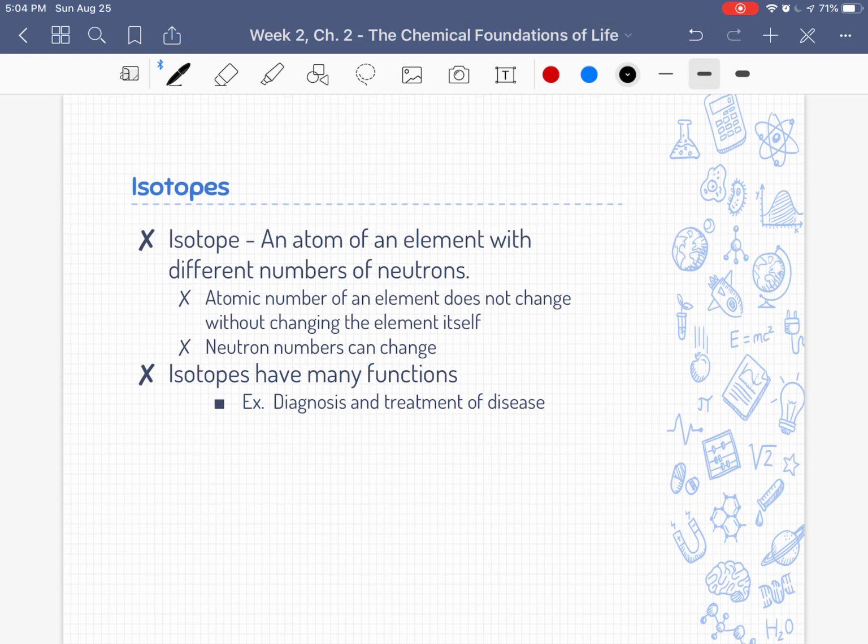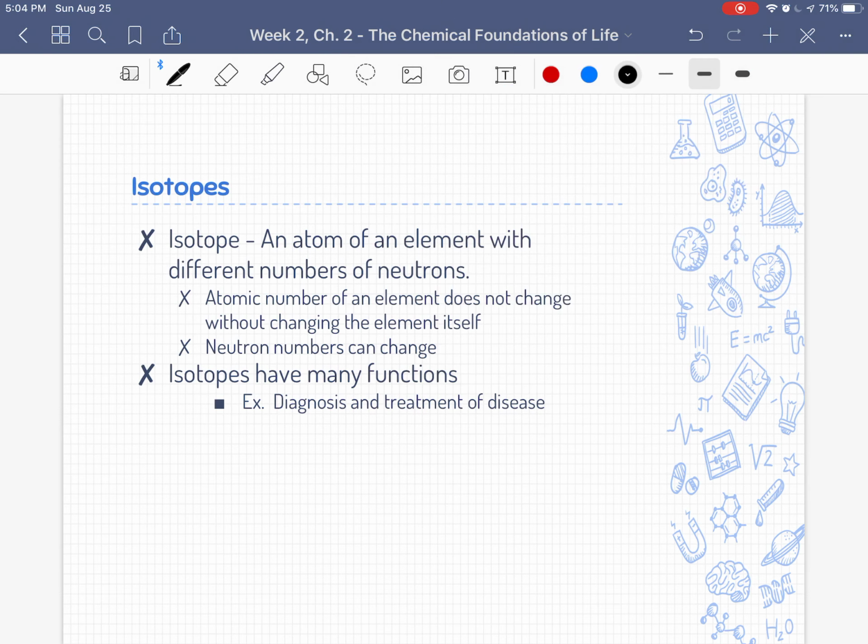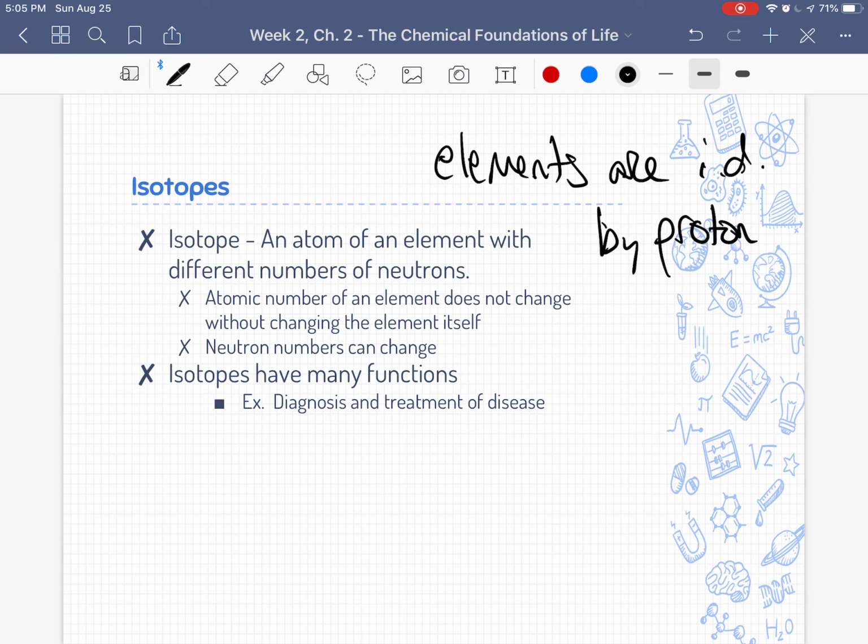Isotopes are atoms of a particular element that have different numbers of neutrons. Elements are identified by the proton number. For instance, all hydrogen atoms have 1 proton. All helium atoms have 2 protons.